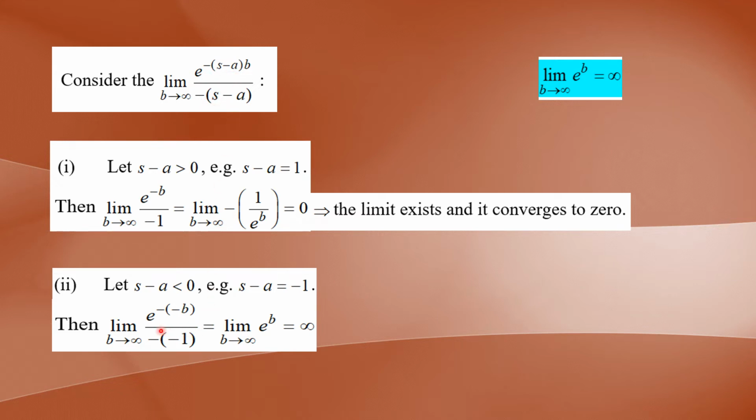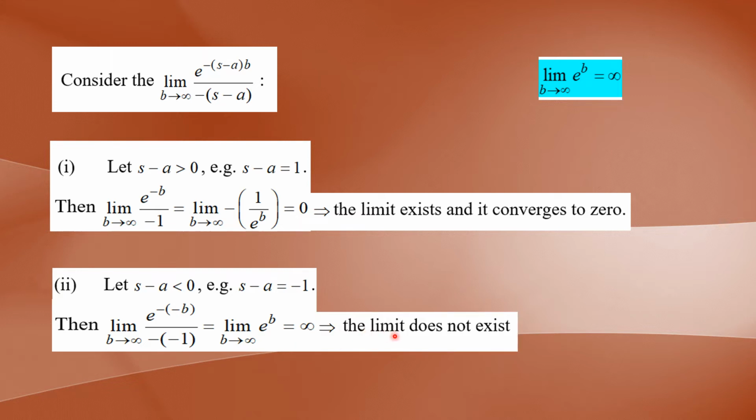So we get limit as b goes to infinity of e to the power of positive b divided by positive 1. The limit of e to the power of b as b goes to infinity is equal to infinity. So the limit is infinity, which implies that the limit does not exist, or we say it diverges.